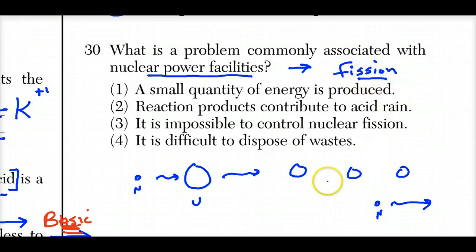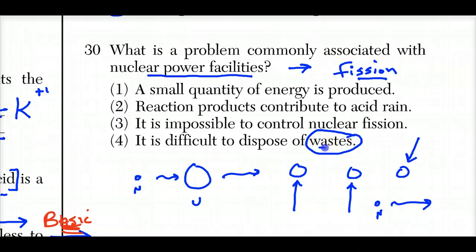Now the problem is that these particles that are split are most often themselves radioactive, or a lot of times there's some unfissioned fuel that's part of the fission reaction. In any case, what we have with nuclear fission, unfortunately, is radioactive waste that tends to have very long half-lives.